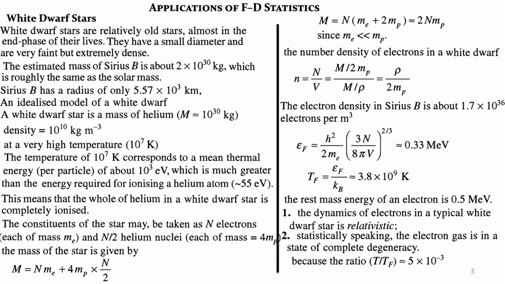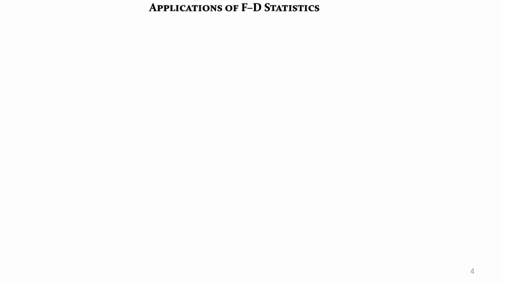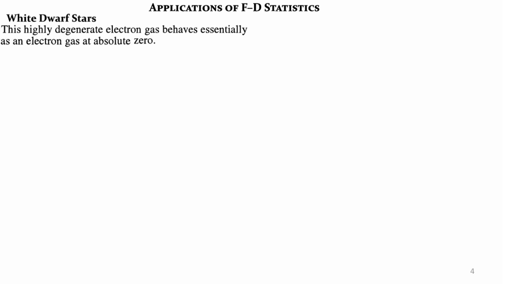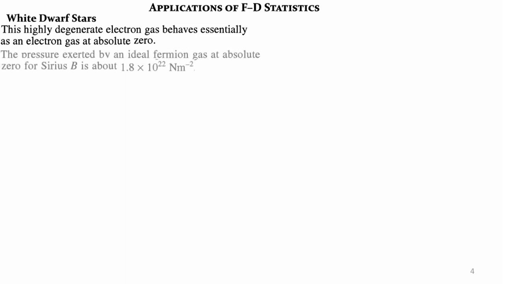We can take the formulae for completely degenerate Fermi Dirac systems here, and then try to describe the white dwarf stars. The core of Sirius is at 2 into 10 to the 7, so you can work out those numbers. I leave it to you. So this highly degenerate electron gas actually behaves essentially as an electron gas at absolute 0, which I already discussed.